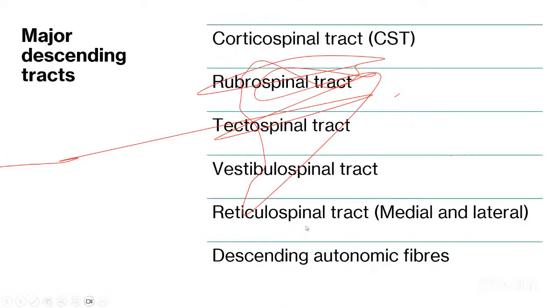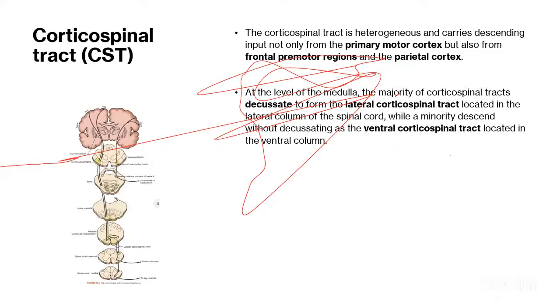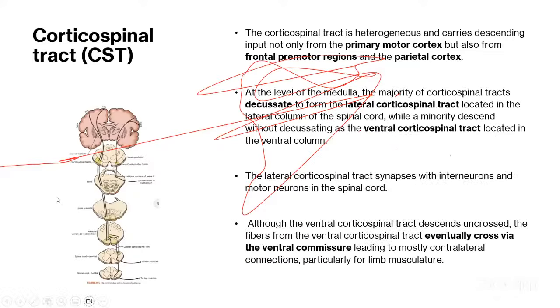Next, the major descending tracts present in the spinal cord: corticospinal tract, rubrospinal, tectospinal, vestibulospinal, reticulospinal, and descending autonomic fibers. The corticospinal tract is heterogeneous and carries descending input not only from the primary motor cortex but also from the frontal premotor region and the parietal cortex.